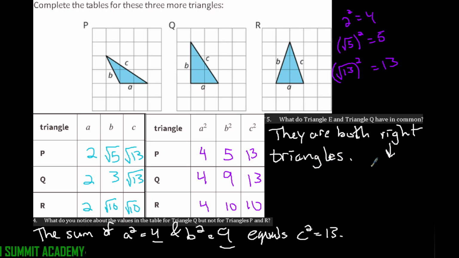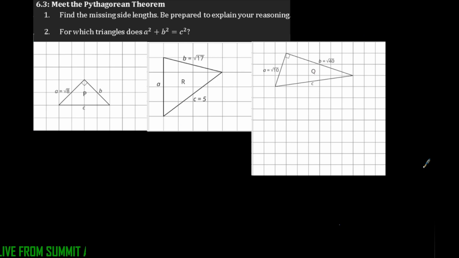All right. So notice how for each of those right triangles, we said that we could use that a squared plus b squared equals c squared. So on the back it says, meet the Pythagorean theorem, which is exactly what that is. It says, find the missing side lengths, and we'll be able to explain how we got those.